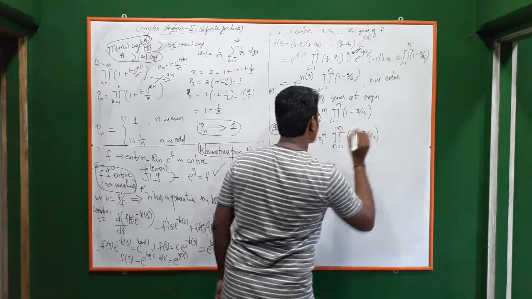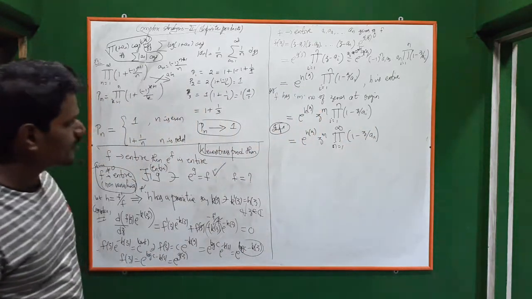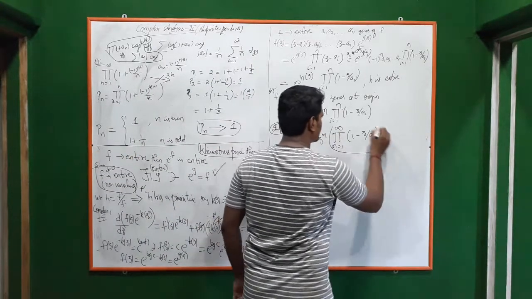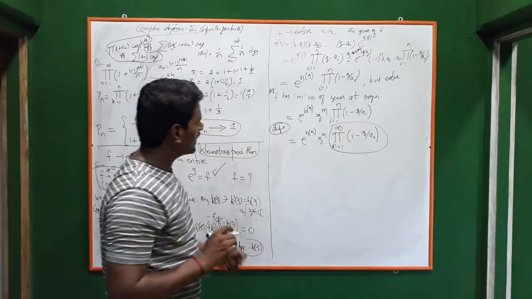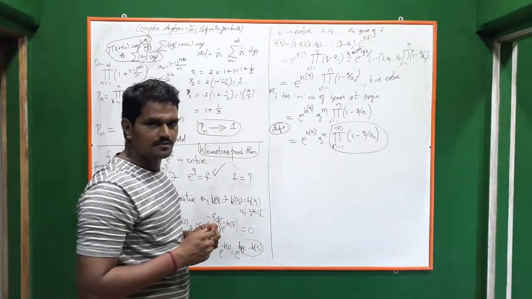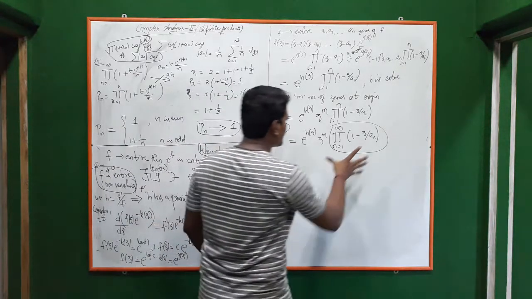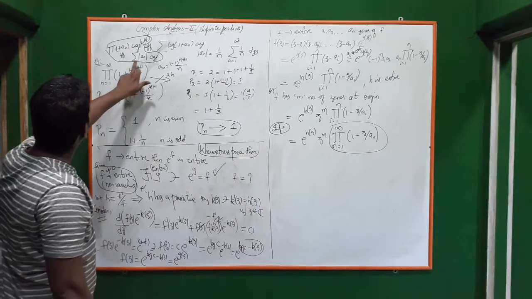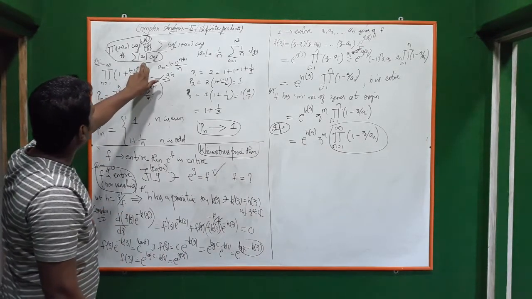Shall I write like this in the case of infinite? But if I want to write this, it should converge. This infinite product should converge, correct? So this infinite product converges if and only if something happens here: the summation of mod an converges.